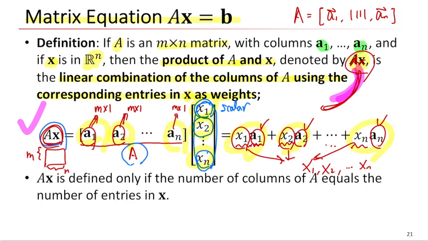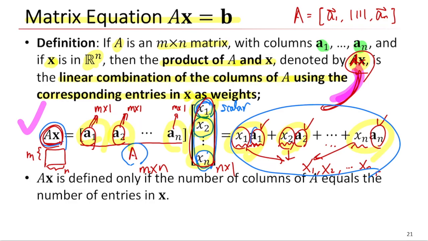Okay, here is one more thing. Let's say the size of the matrix A is m by n. Then what is the size of this vector x? It is n by 1. Then what is the size of the output, the right hand side?